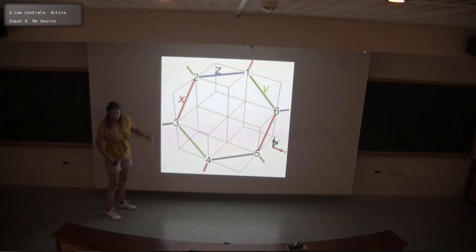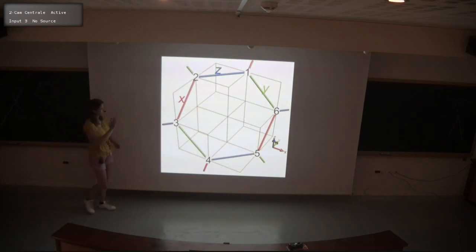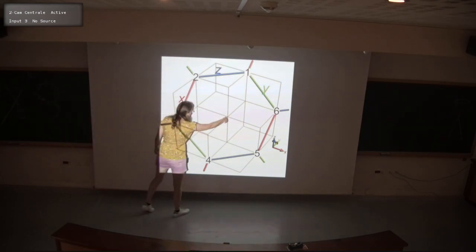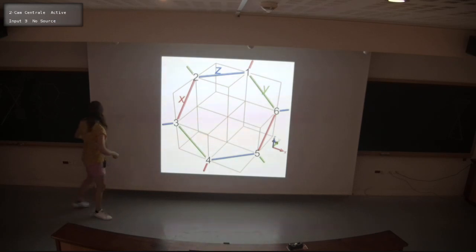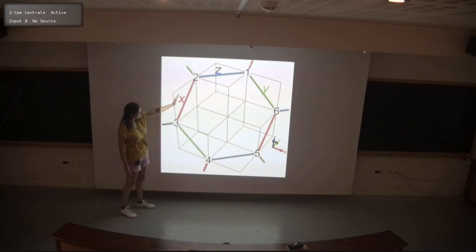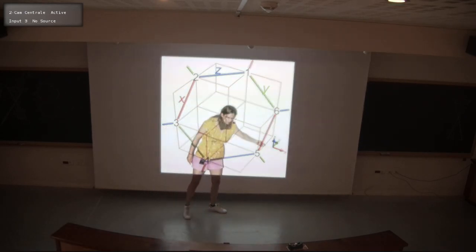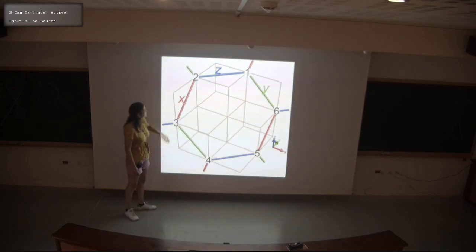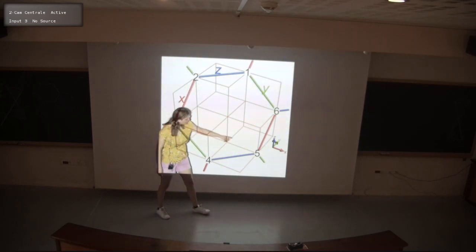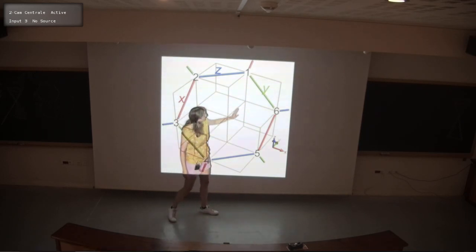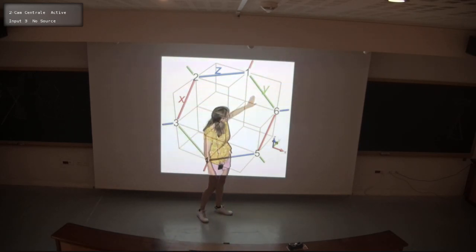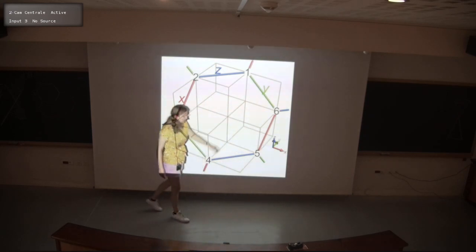If you take your 2D plane to be embedded in this cubic lattice, with the 1,1,1 axis being the one which is out of the honeycomb plane, you can see that the X bonds can be labeled in the plane perpendicular to the cubic X-axis, while the Z bond would be perpendicular to the cubic Z-axis, and the Y bond would lie in the plane perpendicular to the cubic y-axis.